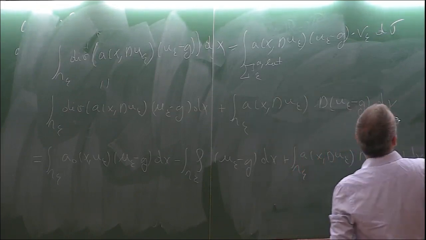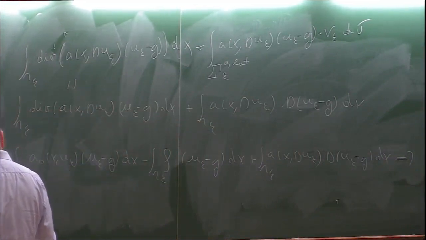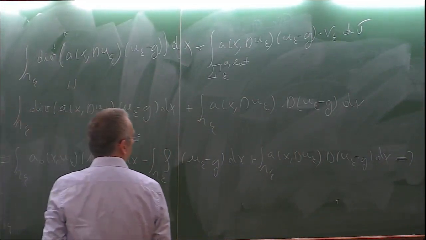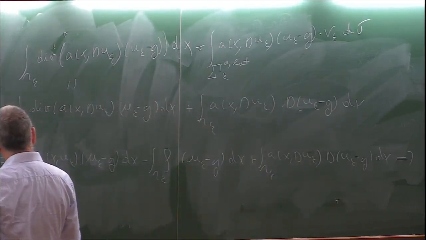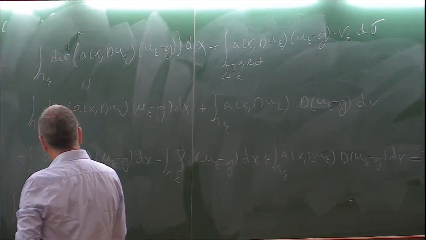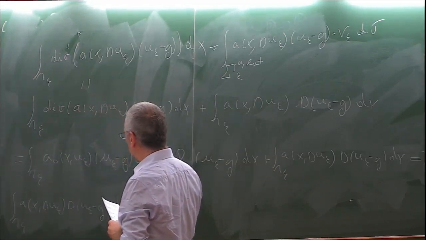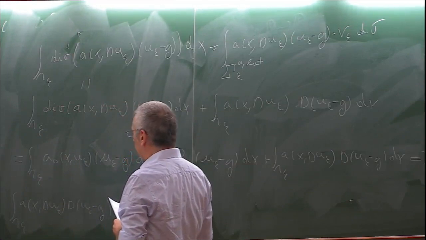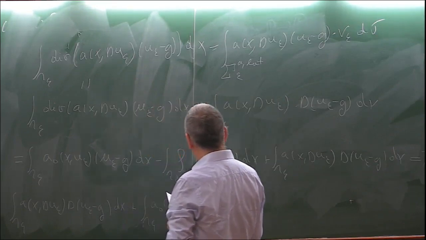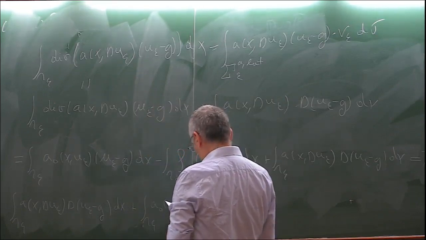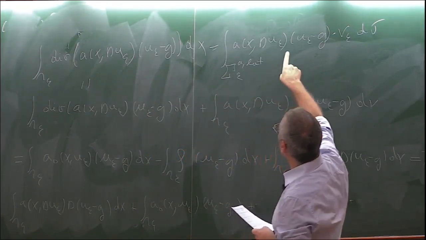Then this implies we obtain the integral on omega epsilon of A of x gradient u epsilon times gradient of u epsilon minus g dx, plus the integral on omega epsilon of h0 of x u epsilon minus g, plus, equal to this term.